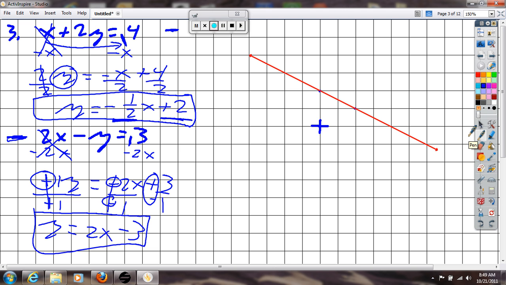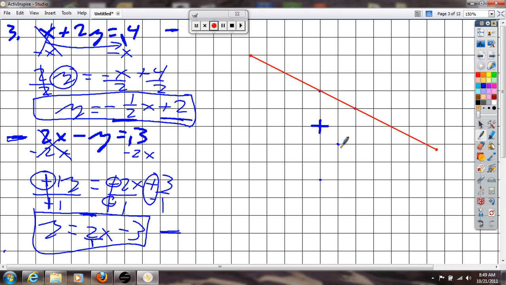Now I'm going to go back and do the second equation. This one down here, the bottom one. That's a -3. So I'm going to the origin. Down 3, 1, 2, 3. Mark it. My slope is 2. Has to be a fraction, so it's 2/1. So from this point, I'm going to go up 2 and over 1.